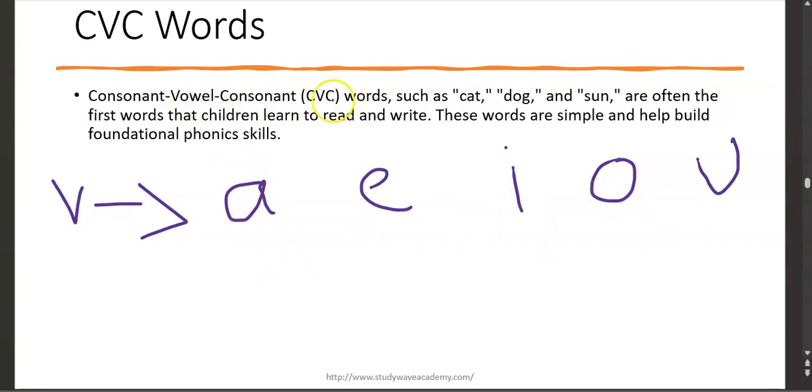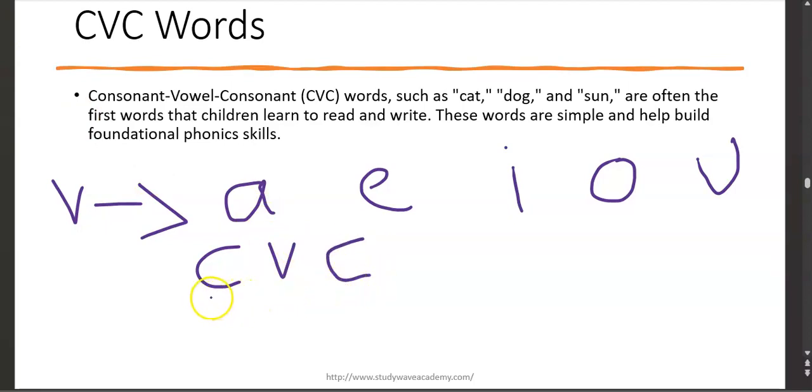So the CVC words are just words that have a consonant, a vowel, and a consonant, okay?